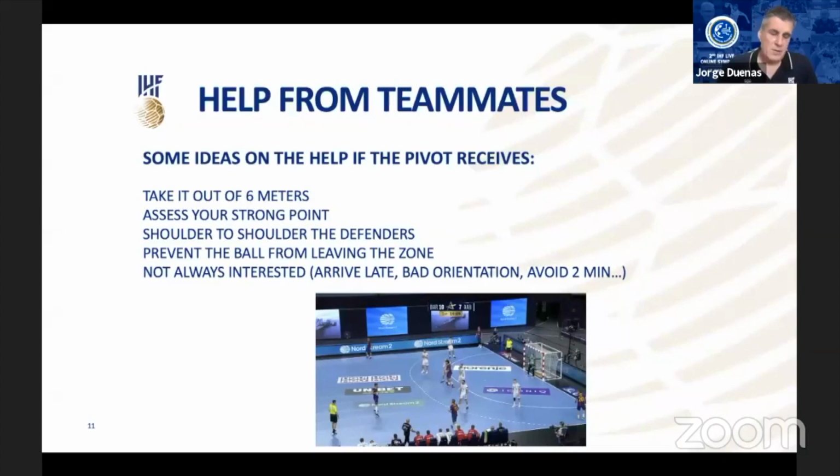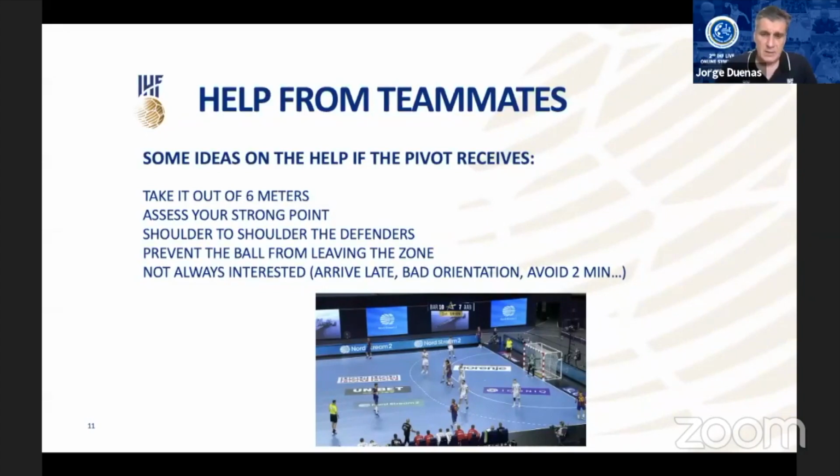And another situation very interesting for me is that the helps are not always good, because sometimes the helps are very late, maybe the pivot doesn't have good orientation. He has bad orientation. Sometimes when the teammates try to help, they get 2 minutes suspension.